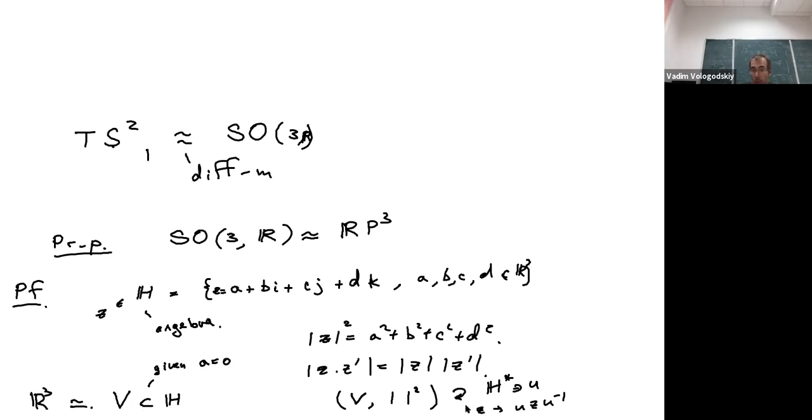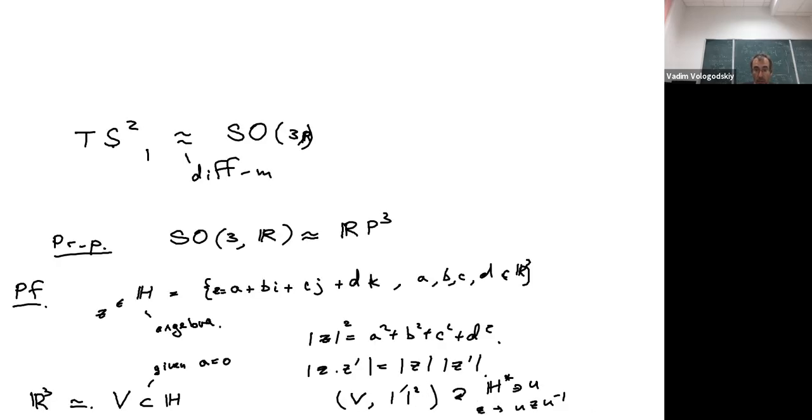imaginary quaternions. One way to see it is the following. So definitely this conjugation preserves real quaternions, where B, C, and D are all equal to 0. It also preserves this quadratic form. Therefore, it preserves the orthogonal complement to this one-dimensional subspace of real quaternions. So it acts here.